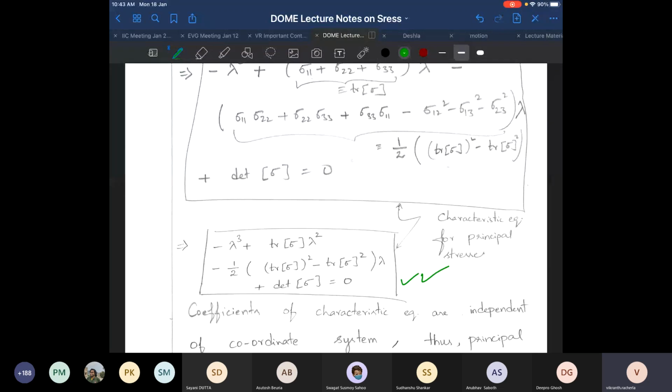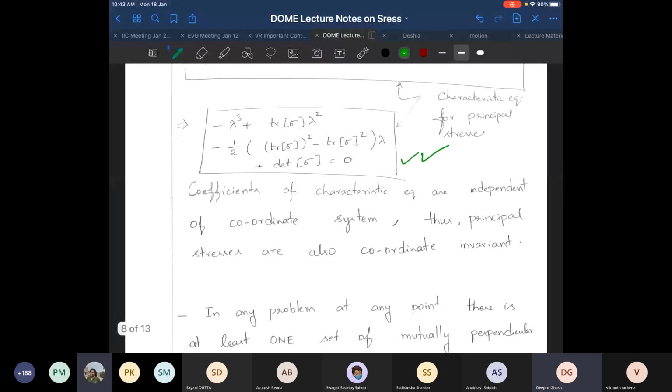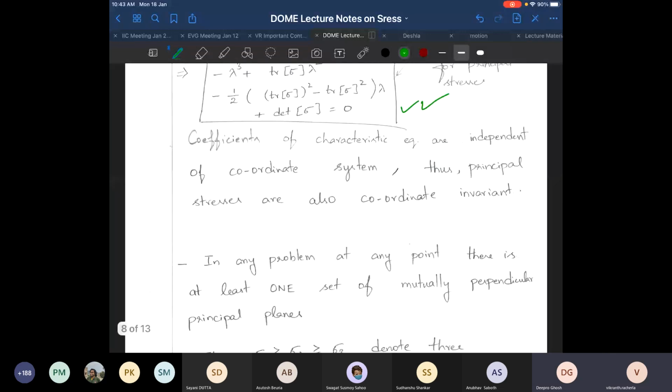So if the coefficients are invariants, what can you say about principal stresses? They are also invariants. So whenever you come up with models, you can come up with them either in terms of the principal stresses, or in terms of trace of sigma, determinant of sigma and trace of sigma square.